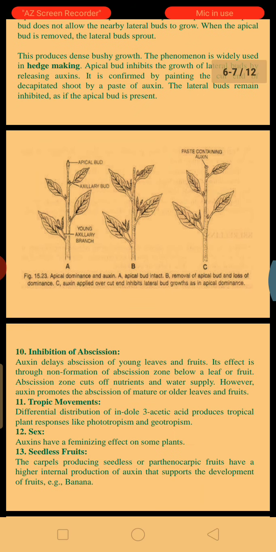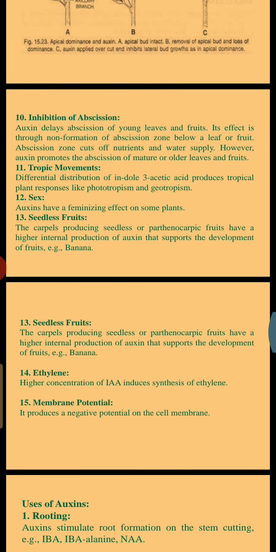Ethylene: a higher concentration of auxin will enhance the synthesis of ethylene, because a number of metabolites are produced during the process of auxin action, and some metabolites act as precursors for ethylene synthesis.